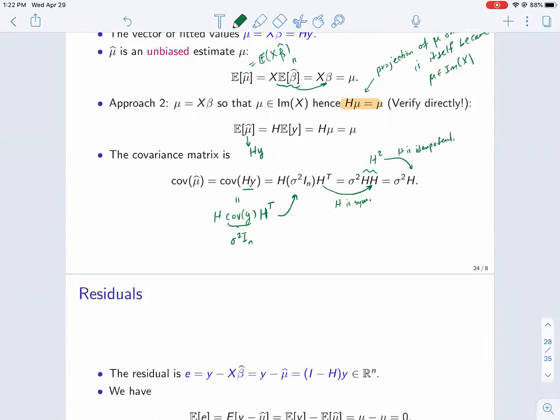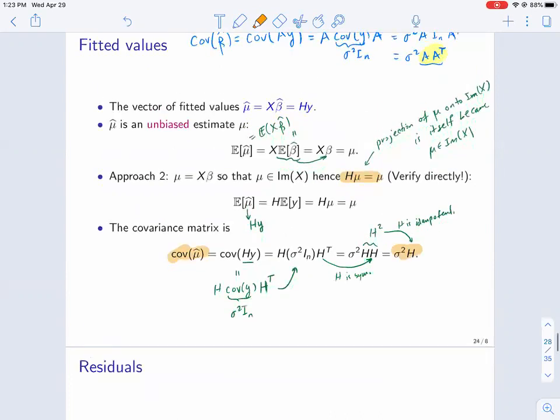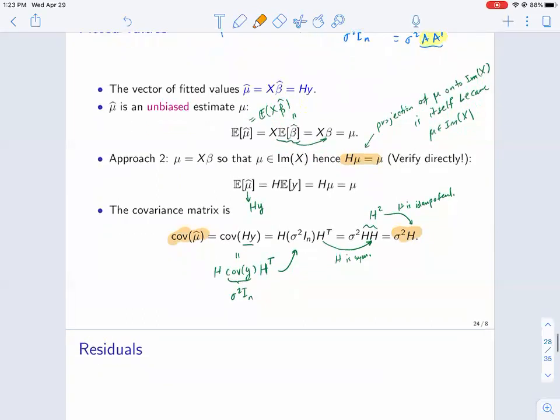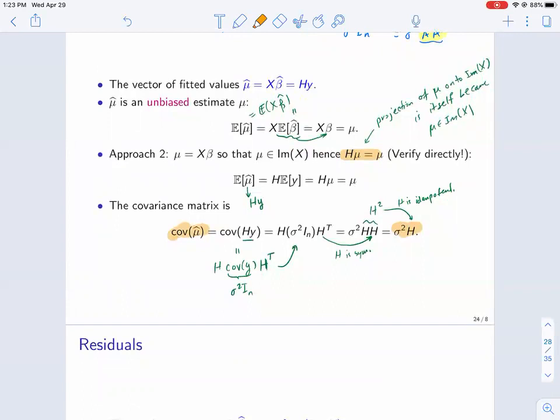Okay, and so you get sigma squared H. So that's the covariance of mu hat. Okay. Questions, comments? So these are not difficult. Once you understand how to compute expectations and covariances, then you use some of the properties of these objects to simplify the expression.